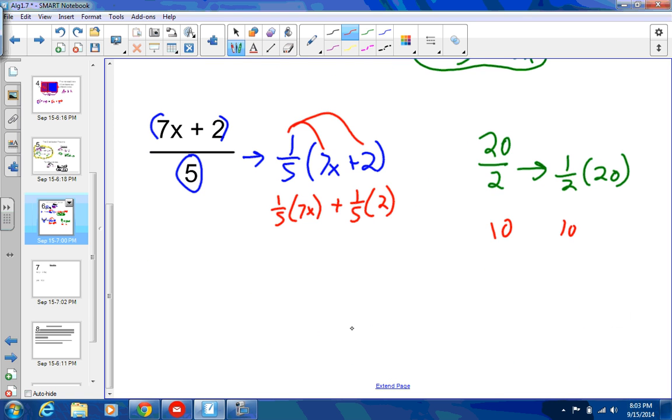Maybe you skipped a step and already did this in your head, but 1/5 times 7 gets you to 7 over 5. Not much you can do there, x. Plus 1/5 times 2 would be 2 over 5. Just multiply straight across on the top. And there's your simplified form, if you write it out with the distributive property.